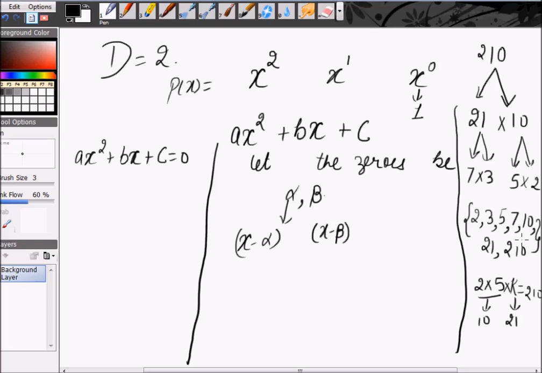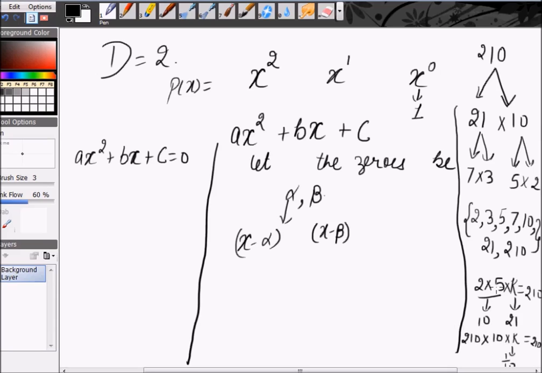Similarly, if we take 210 and 10 as the two numbers, then to get 210 again we need a number k, which here will be 1 by 10.